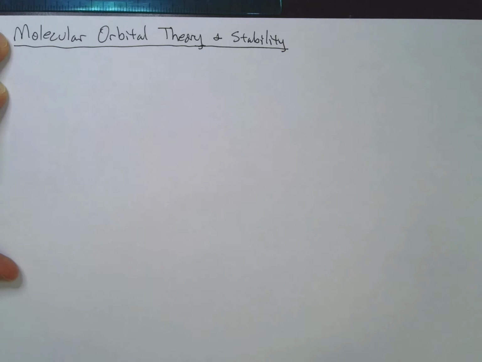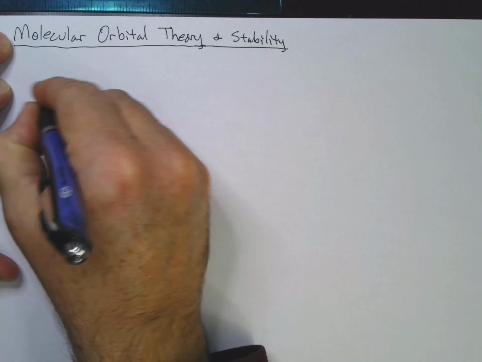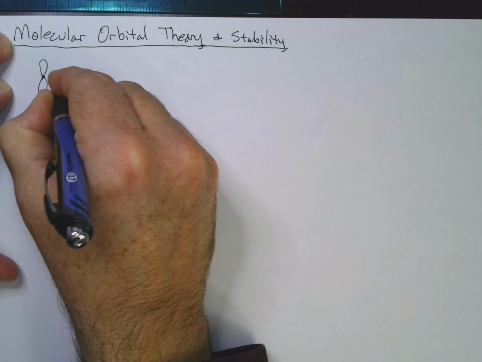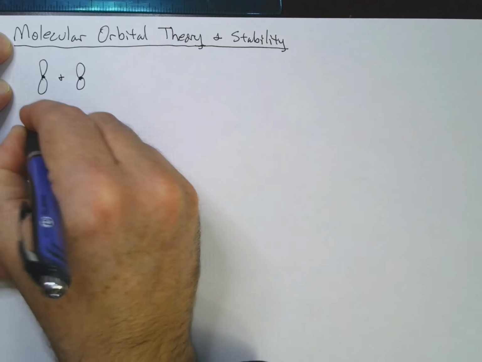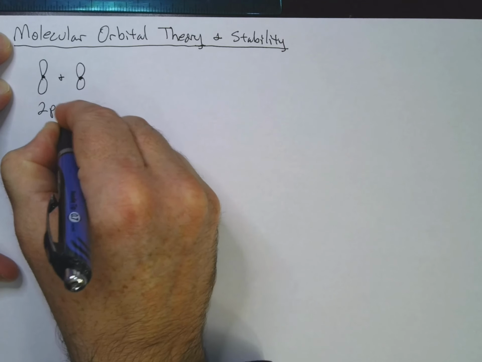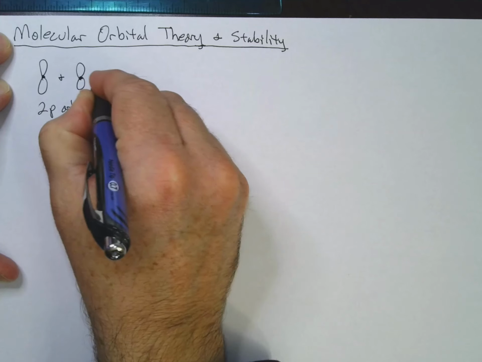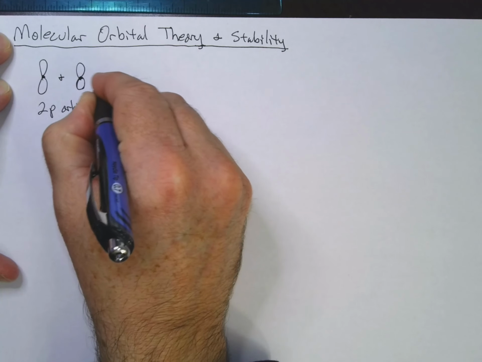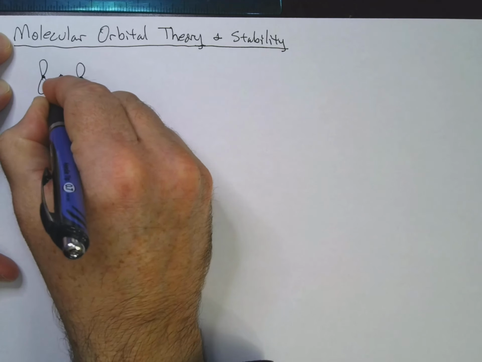Now, typically what we do is we take two p orbitals, and then we can go ahead and combine these.